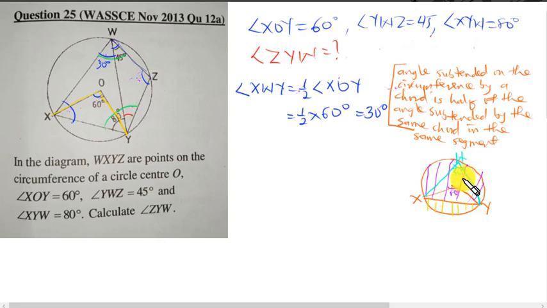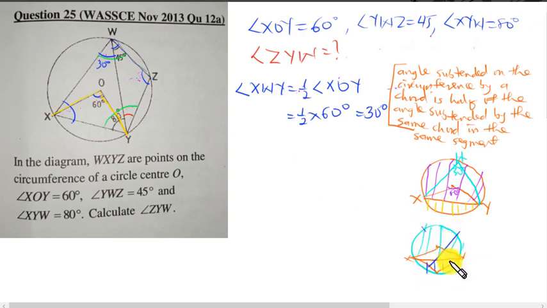I used the phrase same segment, because we can also have a situation where two angles come from a particular chord. One will come from the chord XY to the center here, and the other will move away from the segment. So in this case, this law does not hold, because this is one segment here and the other angle is moving away in the opposite segment.